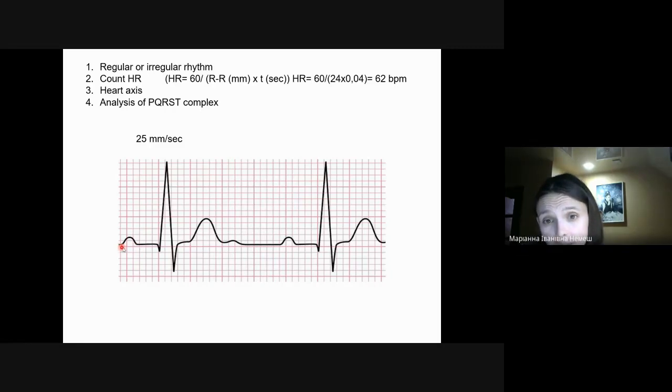You see, it involves one small box and about half of the second one, so the value will be between 0.06 and 0.11. Next step, you should measure the PQ interval, from the beginning of P to the Q, which should be 0.12 to 0.20 seconds. Then measure the time of the QRST complex and the amplitude of the T wave and R wave.